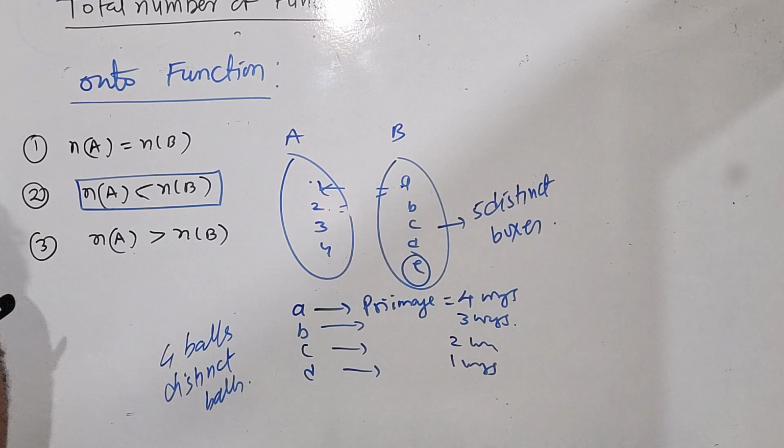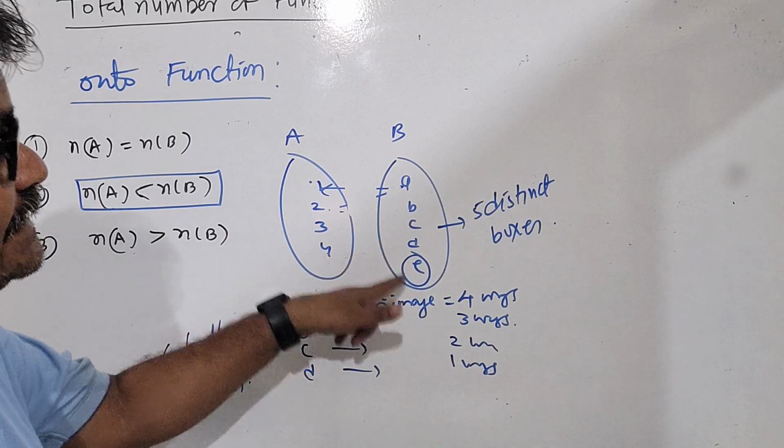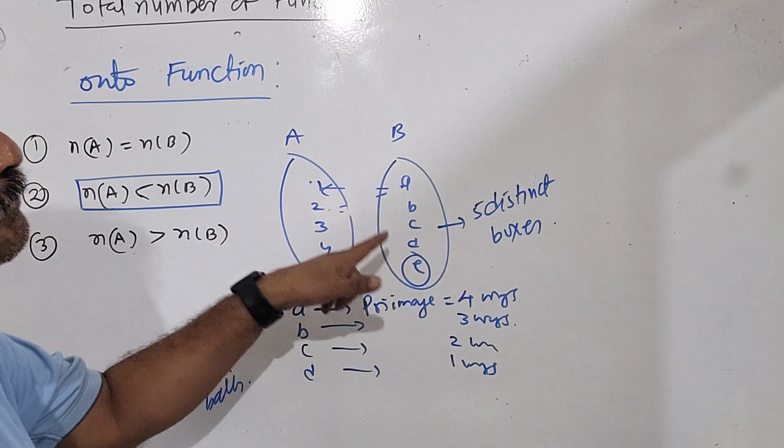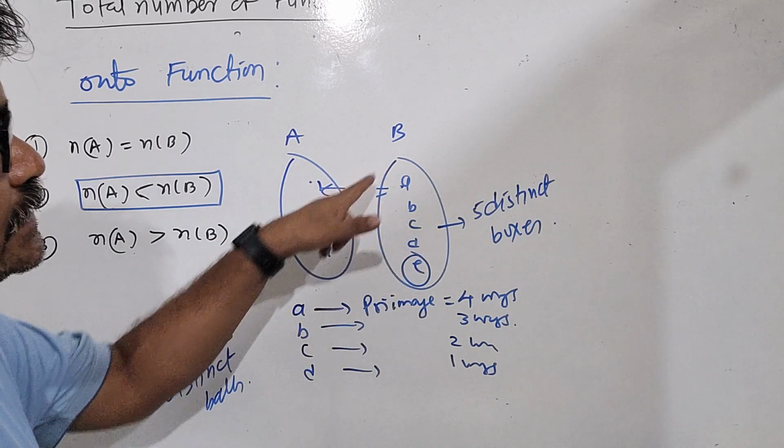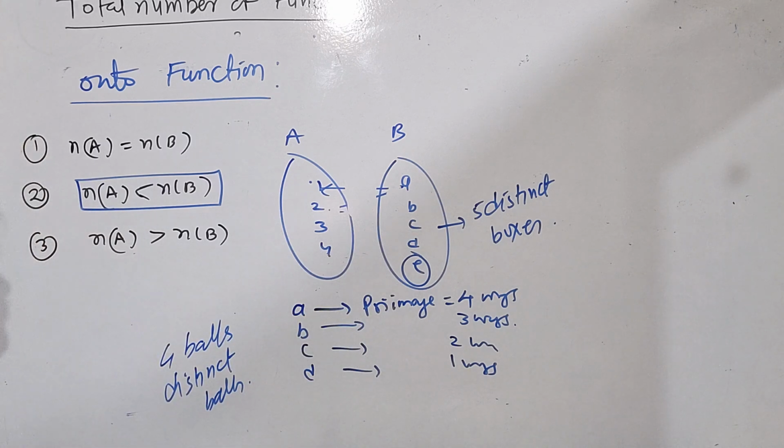Correct, agree? For an onto function, the range must be equal to the codomain. So this A, B, C, D, E has their pre-image. Every element of this set B has their pre-image.